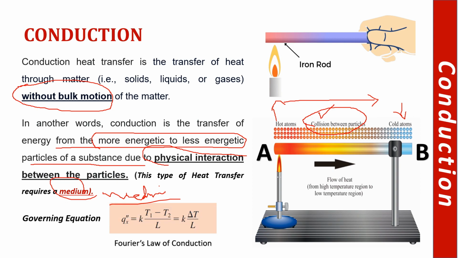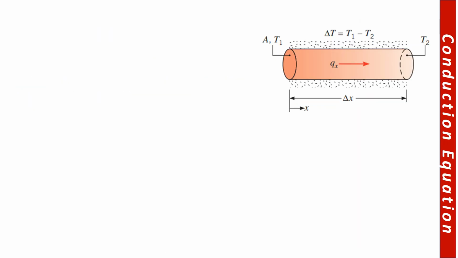And this was the governing equation which we showed in the last lecture, that this is the Fourier's law of conduction equation. Now, to get into the detail of this equation, let's consider this rod, which has a uniform cross-sectional area A. This surface has a temperature T1 and it is hot, at a higher temperature.